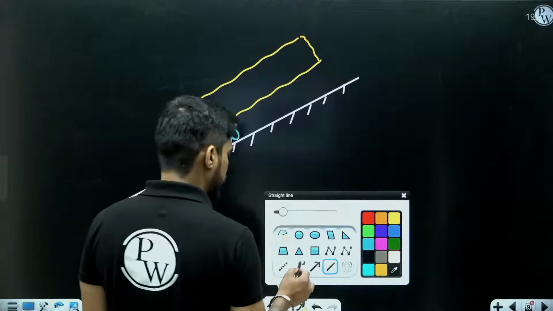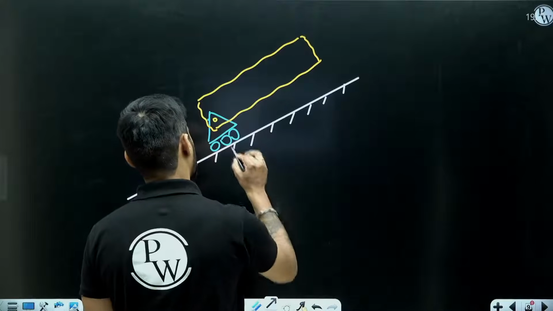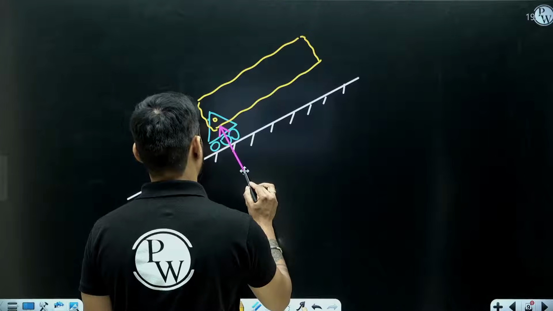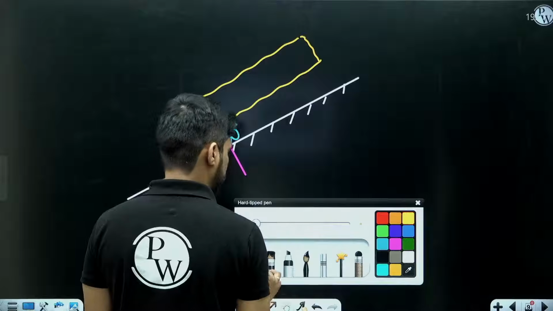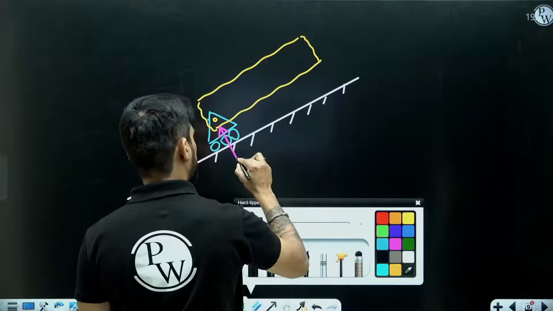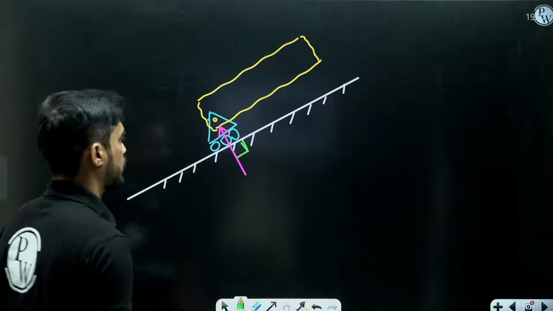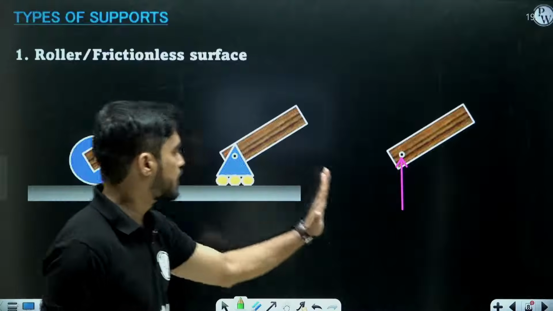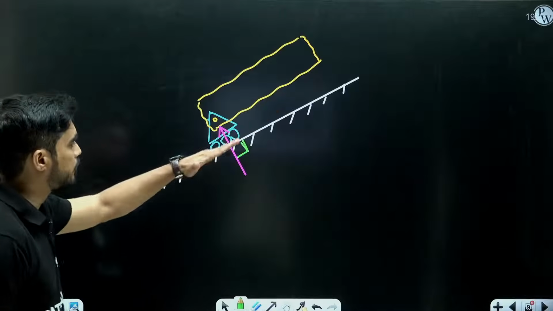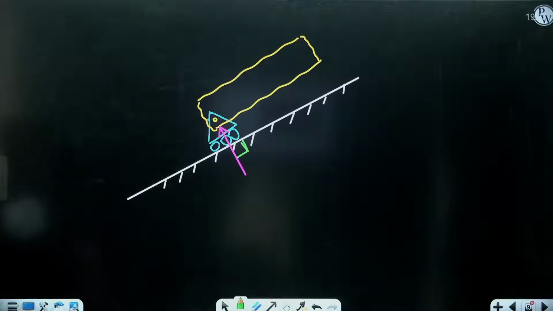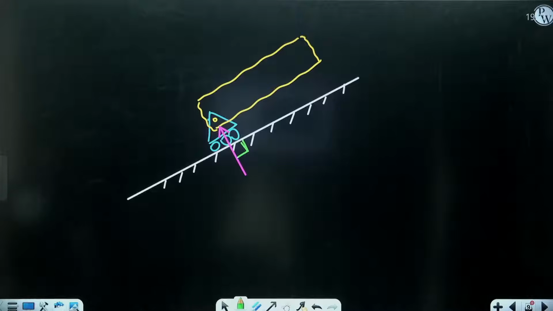We will get a reaction force like this. This reaction force will be normal to this surface. Okay. Right now the surface is horizontal, so I am getting a vertical reaction. If the surface is inclined, I will get an inclined reaction. So the reaction force will be normal to the surface on which there is the roller support.